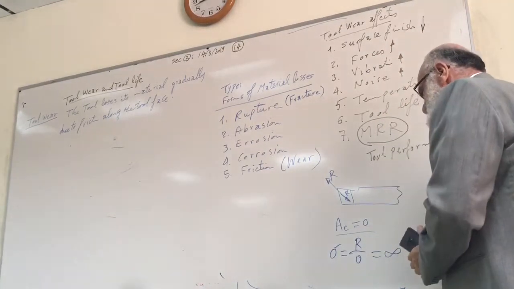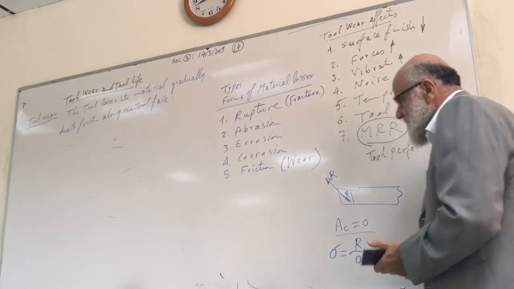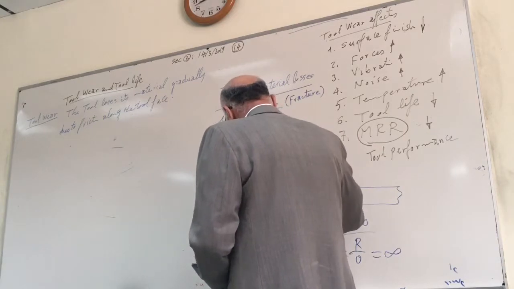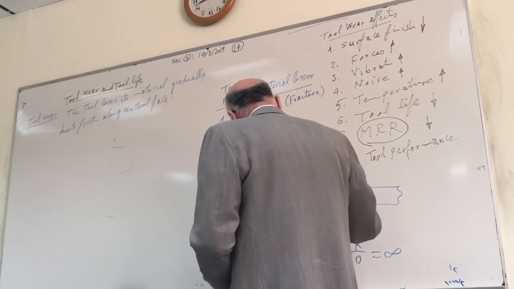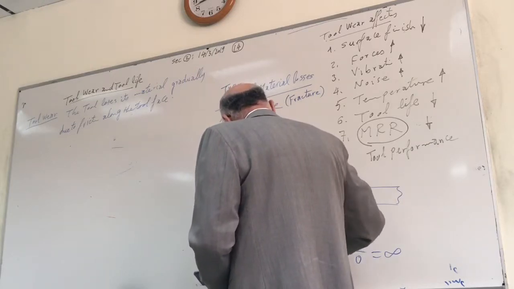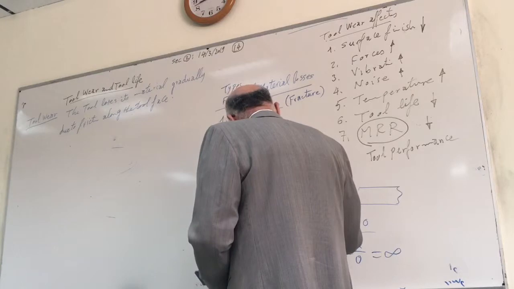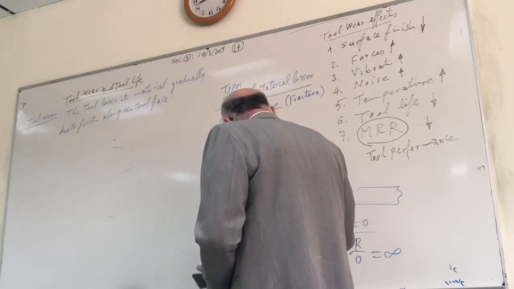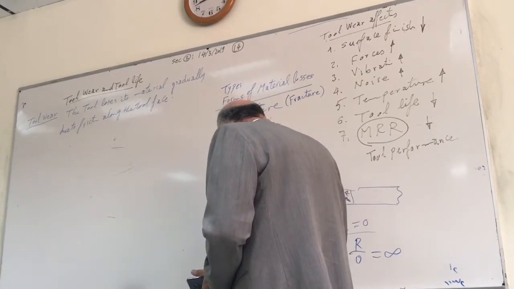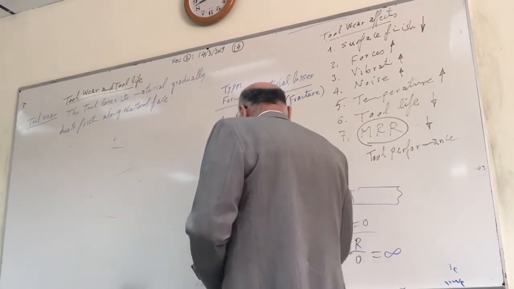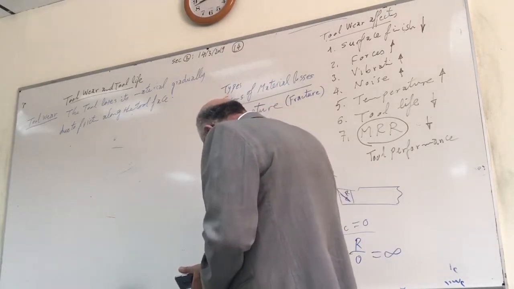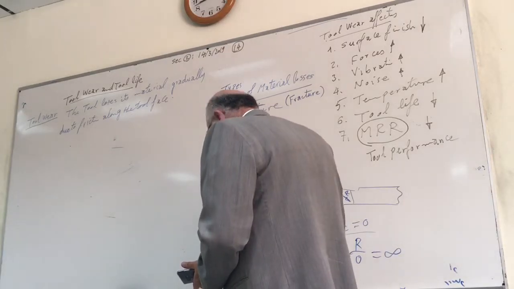Then I can approach this with another physical example in our hands. This is the pencil, and after sharpening the pencil this way, the tip ends at 0. This pencil is very, very sharp, and the tip ends at 0.